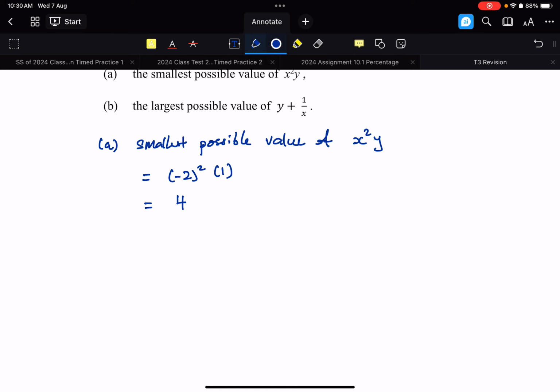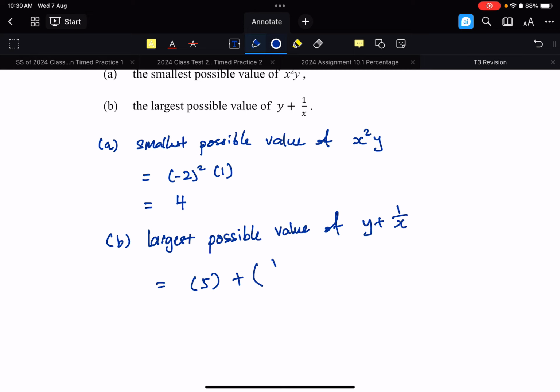Okay, then we want the largest possible value of y plus 1 over x. So now we want the largest y. The largest y is 5. So we have 5 plus the largest 1 over x.